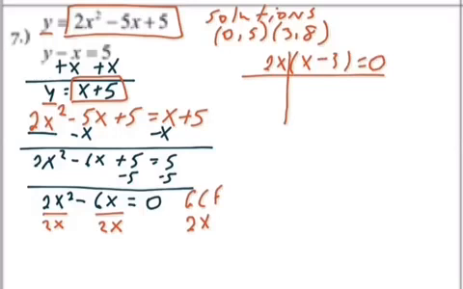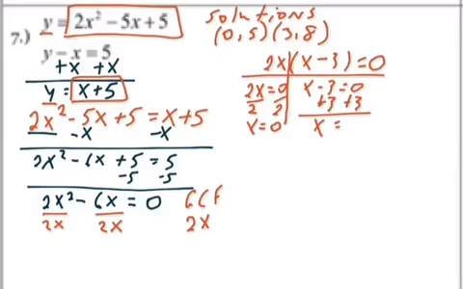You make a t-chart, 2x equals 0, divide by 2, x equals 0. x minus 3 equals 0, add 3, and x equals 3. These x values should match up with your solutions from the calculator, x equals 0 and x equals 3.